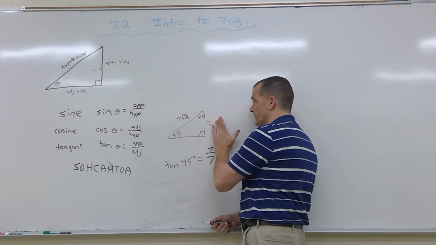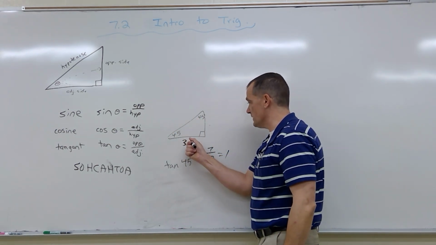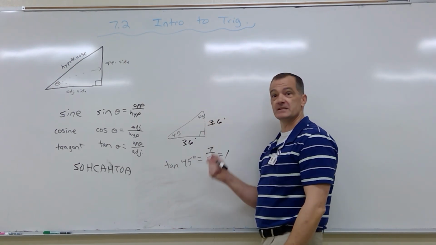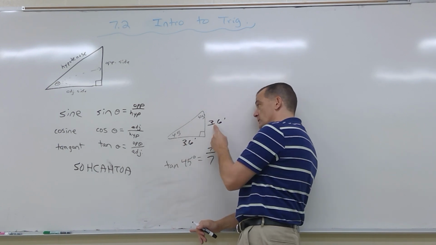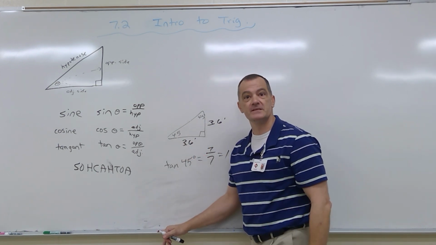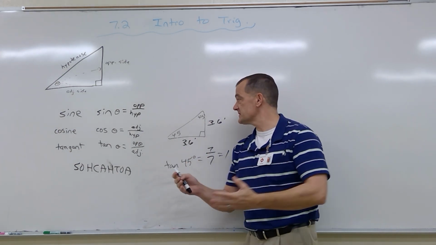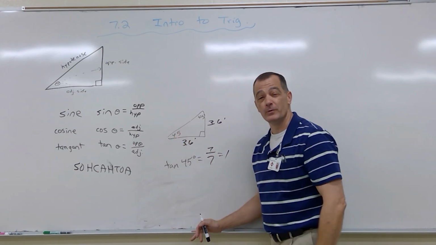Now what if you're dealing with a 45, 45, 90 degree triangle and this side happens to be 3.6 feet long? Well, then this one has to be 3.6 feet long. So the tangent of a 45 degree angle is 3.6 over 3.6, which is again 1. So regardless, it's not the size of the triangle that matters, it's the angle that you're dealing with.